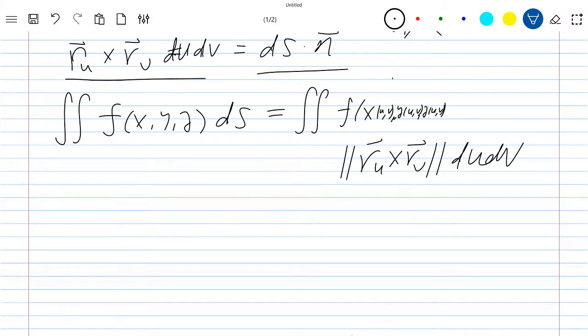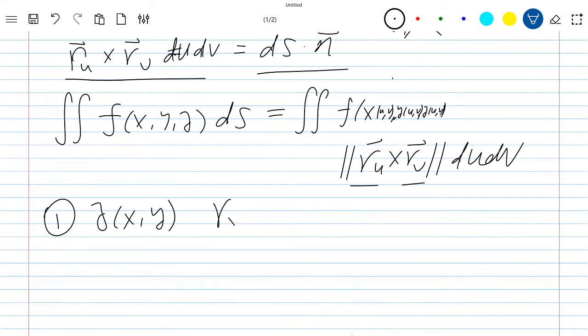It could be complicated because ru and rv are two vectors, and you have to find the cross product, then take the norm. However, we are mostly interested in only three special cases. Case 1, the surface is given as z as a function of x and y.